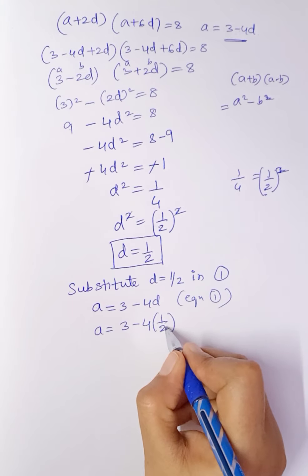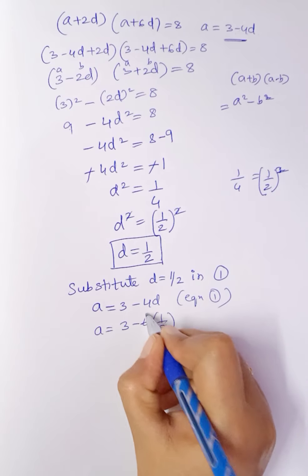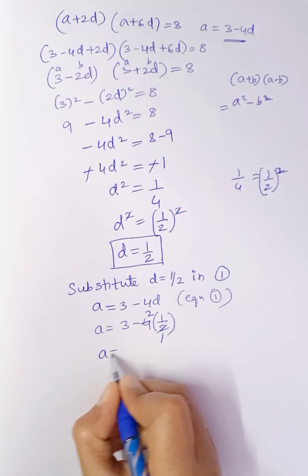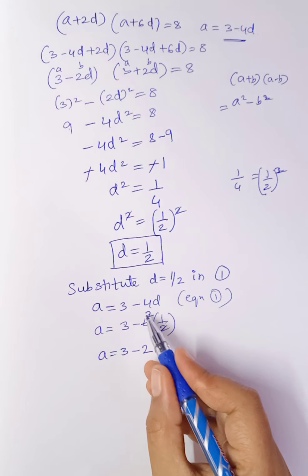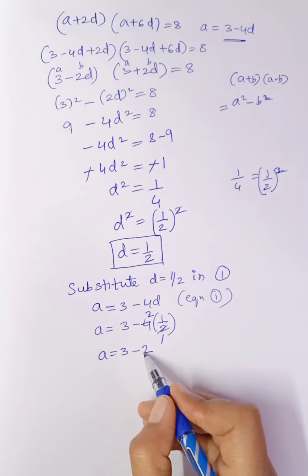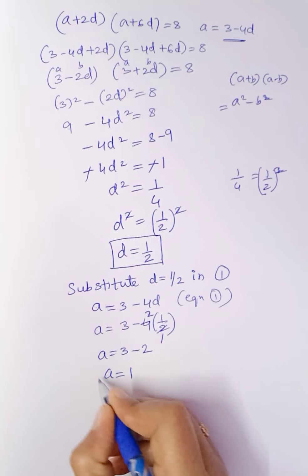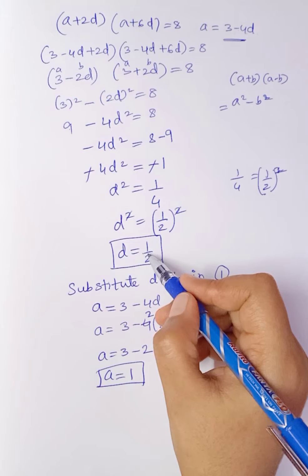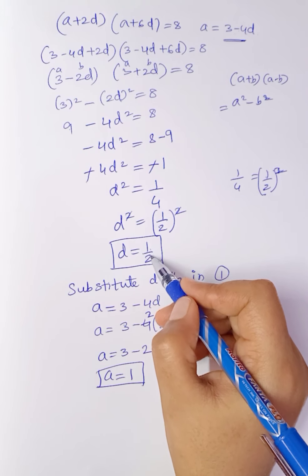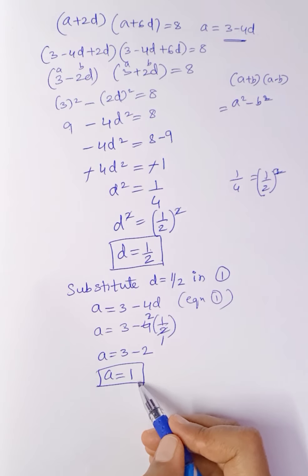Then simplify this. 2 ones are 2, 2 2s are 4. So a equals 3 minus this 2. After simplification we have got the 2 here. So 3 minus 2 is nothing but 1. So the value of a is 1. We have got the common difference value 1 by 2 and the first term as 1.